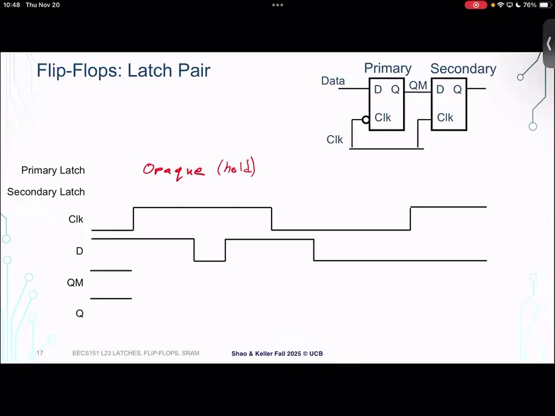And then when the clock is low, that primary latch is going to be transparent, which means it's passing the data through. So that primary latch is pass, hold, pass, hold.